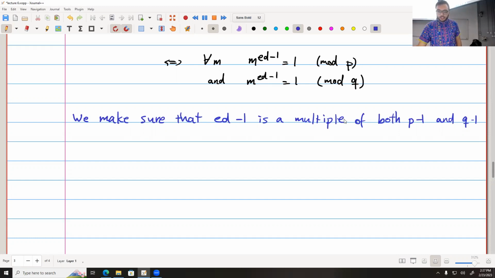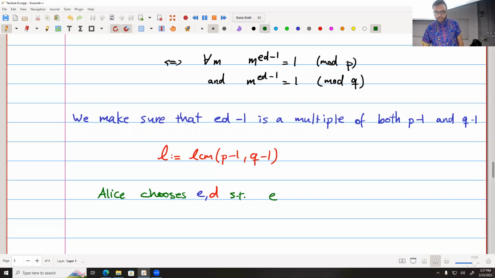So basically, let's say I define L to be the least common multiple of p minus 1 and q minus 1. And what Alice has to do is that Alice chooses E and D. So E was public and D was private, such that ED minus 1 is a multiple of L. So such that L is a divisor of ED minus 1. That's what she needs to do.